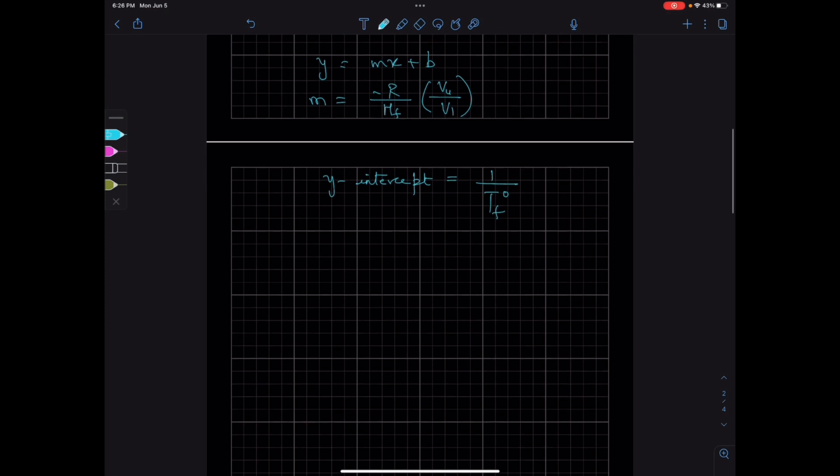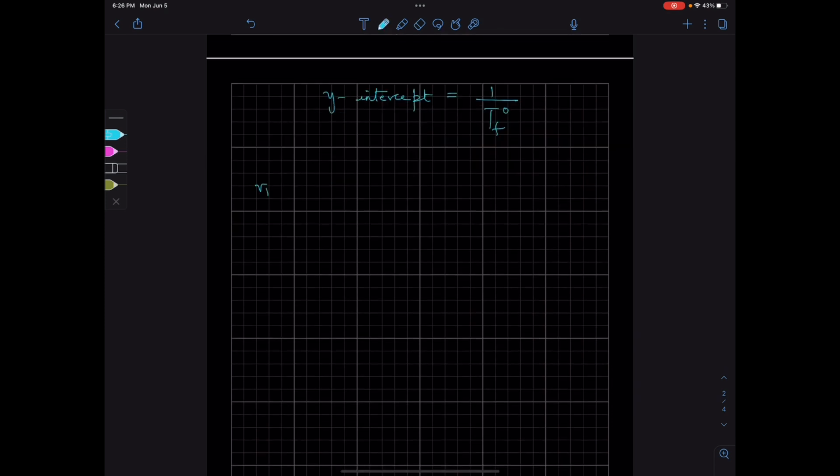The points that we have are v1 and Tf in centigrade: 0.078 at 72.5, 0.202 at 66.5, 0.422 at 61.5, and 0.603 at 57.5.